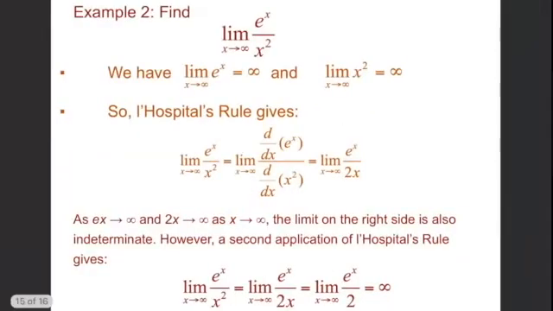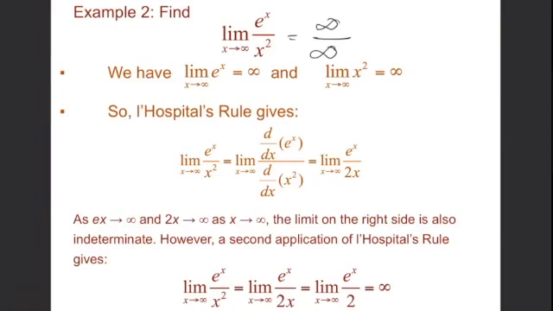Another example, find the limit of e to the x divided by x squared as x approaches infinity. If you're going to evaluate this, e to the infinity is infinity. Infinity squared is also infinity. So it is of the form infinity over infinity.